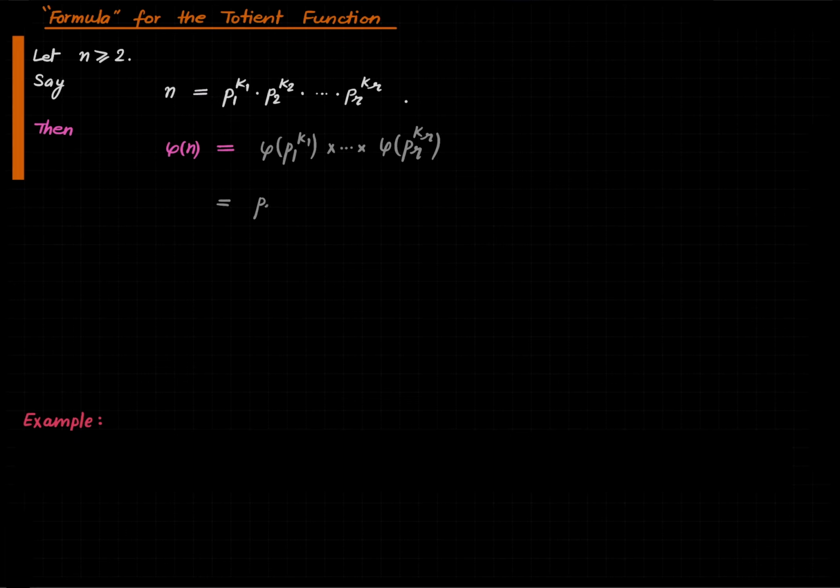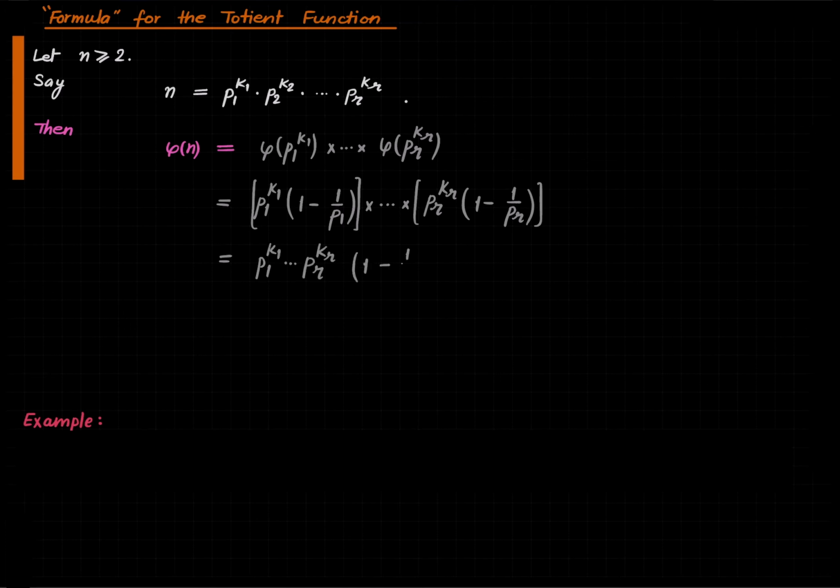So this is p1 to the power k1 times 1 minus 1 upon p1 times dot dot dot pr to the power kr times 1 minus 1 upon pr, which, if we do some shuffling, we get this.